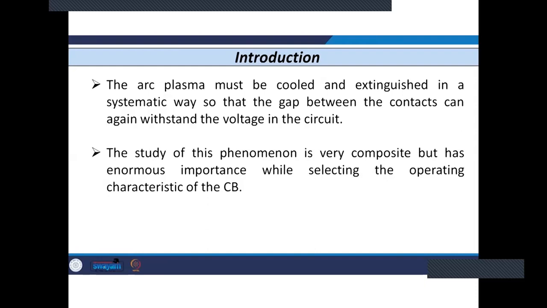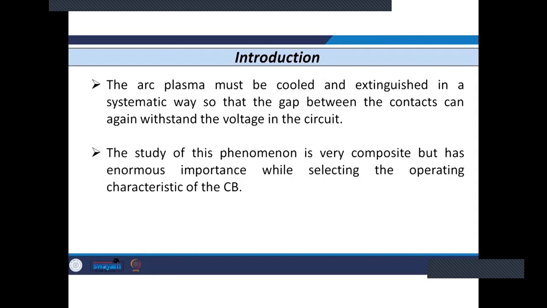This type of voltage is called restriking voltage, and it must be avoided. Once the arc is quenched, restriking voltage must not occur in any way. So different mechanisms are used.